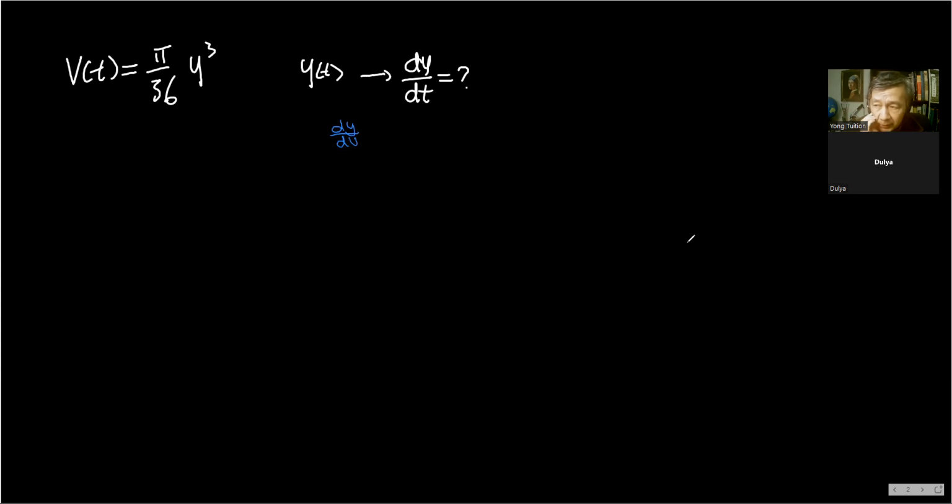Why do we need this derivative? So that we can figure out dy dt by doing dy dv times dv dt, which we already know, which is constant, right?